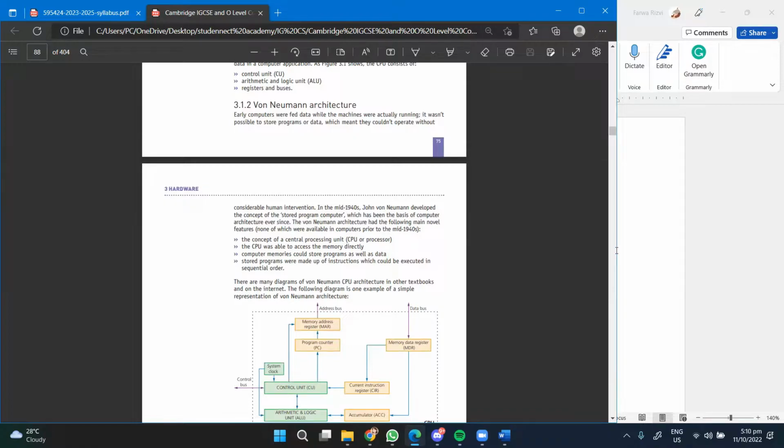And stored programs were made up of instructions which could be executed in sequential order. A sequential order means the instructions were executed in some kind of sequence, some kind of pattern, and that would be easier for the person to understand what is going on, and we'd be able to spot errors a lot more easily.